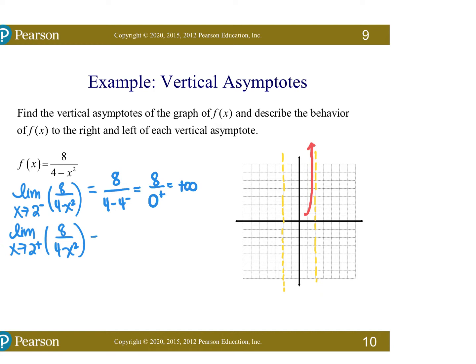So that means I'll be doing this. The other one will be 8 over 4 minus 4 plus. That'll be 8 over 0 minus, because it's 4 minus a bigger number, so that's negative infinity. So I'll be on the right side of the asymptote, but heading towards negative infinity, so I'll be coming down like that. That's what's going on around that vertical asymptote. Yeah?